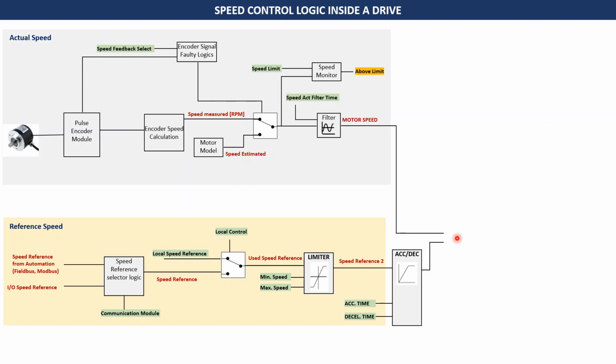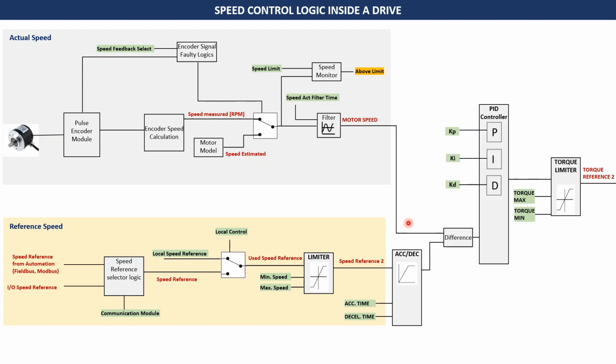So now you have two primary signals generated, which are the actual motor speed and this reference. This gets subtracted and the resultant is moved into a PID controller block. Now this is the most important part of the entire speed control loop. So what is a PID controller?